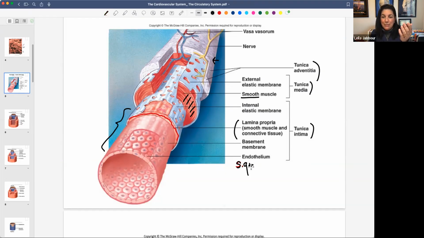Simple squamous epithelium. That's what endothelium is. The cells are very flat, fusiform, and only in one layer. And these cells contribute to the basement membrane, and the cells from above will contribute to the basement membrane, like this and like this. And that basement membrane is between those two layers.